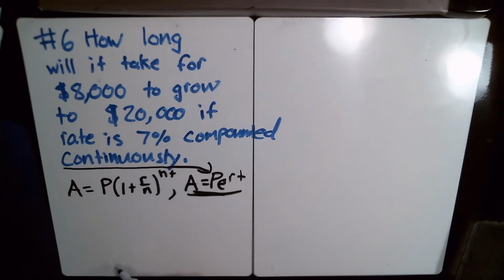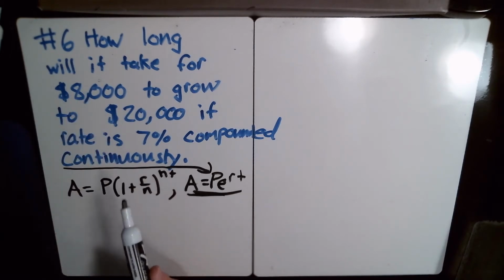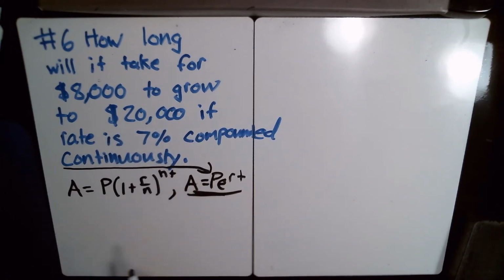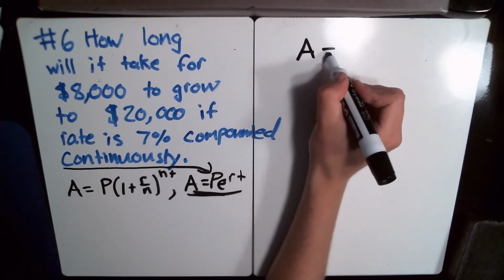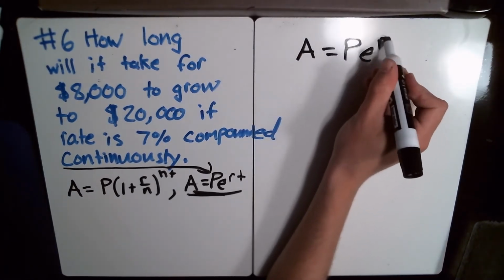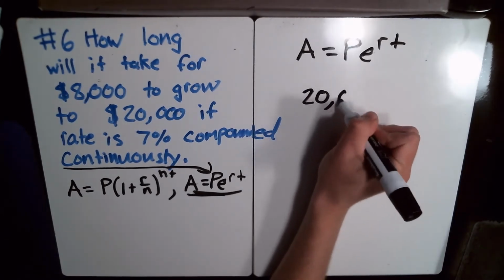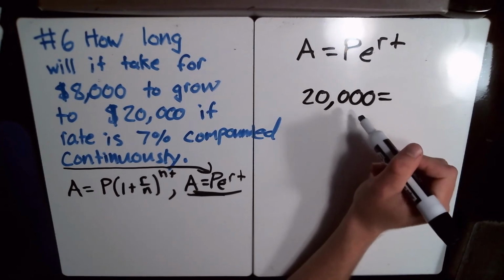Okay, so what I'm going to do here is I wonder how long it will take for my 8,000 to grow to 20,000. So 20,000 is what I want to end up with. So I'm going to use this formula, A equals Pe^(rt). So 20,000, and I want to hit that, right?